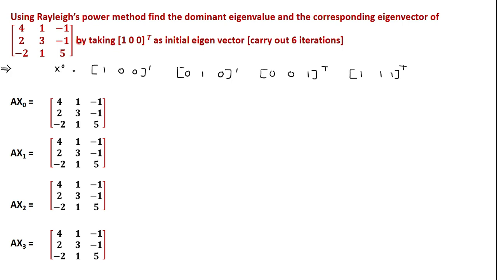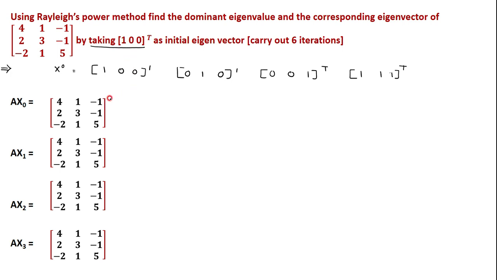In this example, they have given us to find out the dominant eigenvalue and corresponding eigenvector of the matrix A with the elements 4, 1, minus 1, 2, 3, minus 1, minus 2, 1, 5 by taking the initial approximation. Note that here in the problem the initial approximation is already given.